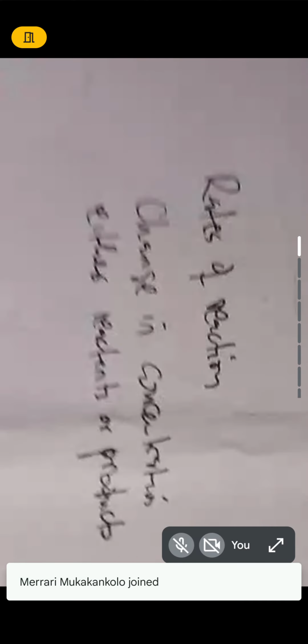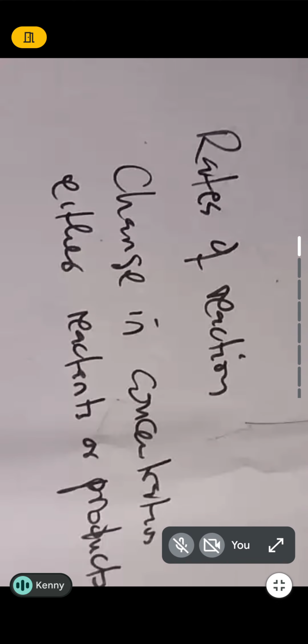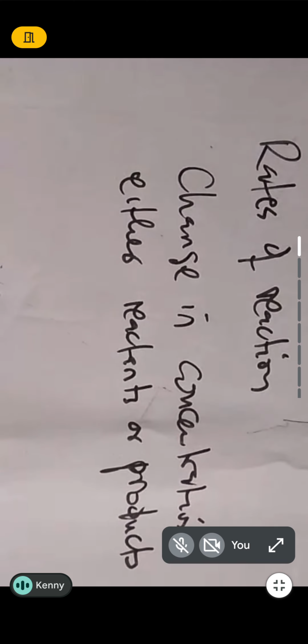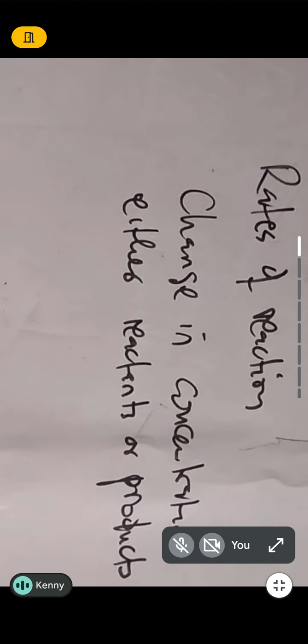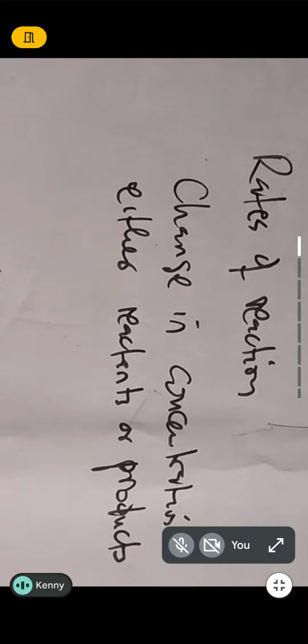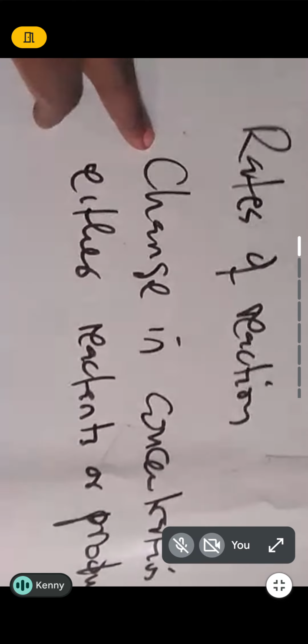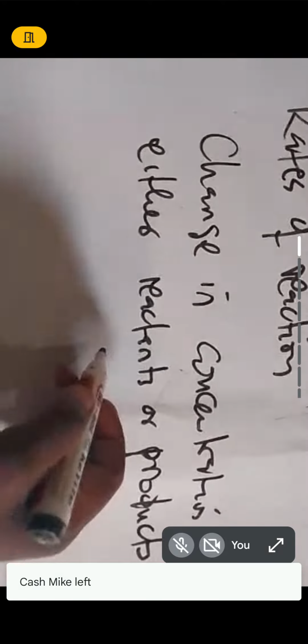We know that as the reaction proceeds, the concentration of the reactants decreases and that of the products increases. So we shall monitor the change in concentration of either reactants or products with time.